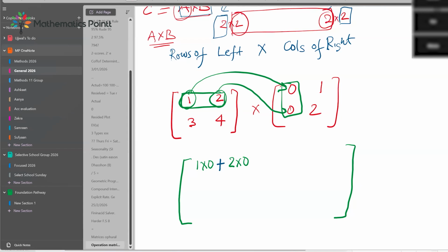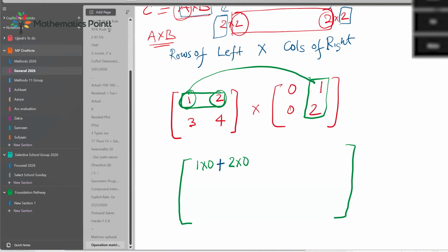Now, once I've done that, I will move to the next column of the right matrix. And I'll do exactly the same. I will not move the row of the left matrix, mind you.